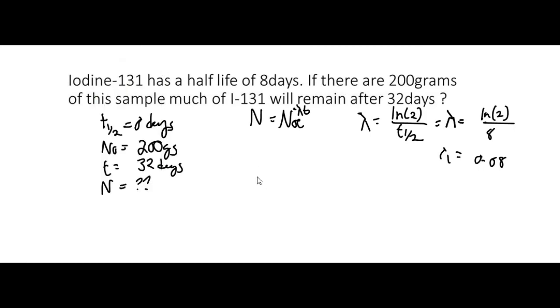Now, let's substitute everything. So, N is equal to 200, e to the negative 0.08, and the time is 32 days. Now, get a calculator and solve this.